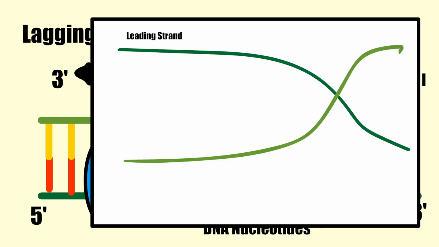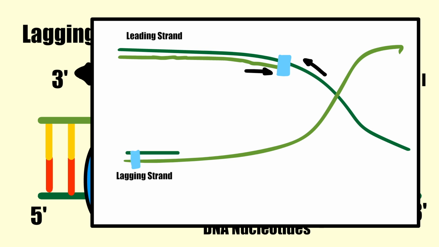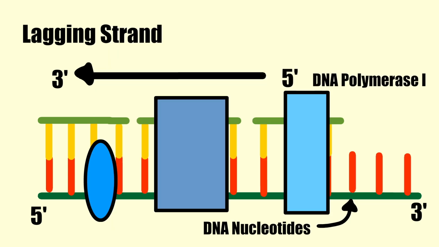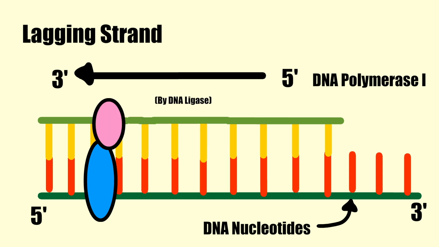In summary, the leading strand is replicated continuously, following the direction of the replication fork, while the lagging strand is built in short fragments, each one moving against the fork. But just like how a construction crew ensures that the road is complete, even in the opposite direction, the fragments are eventually joined together to form a continuous and accurate new DNA strand.